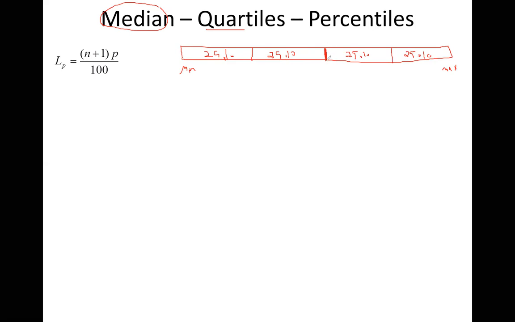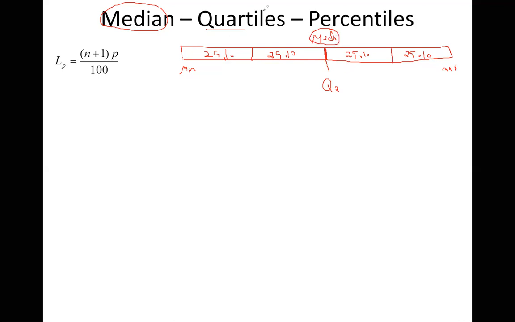So the value that has 50% less than and 50% greater than, we name it the median. At the same time, the same value we can name the second quartile, or Q2. Why? Because this value has 2 quarters less than and 2 quarters greater than. Then the median is the same as the second quartile.